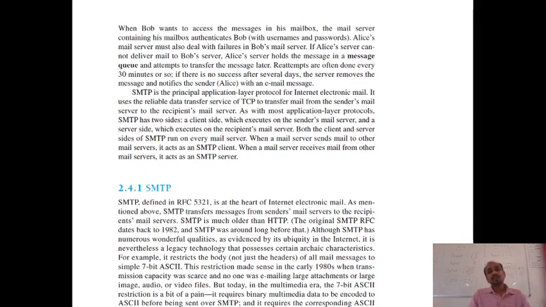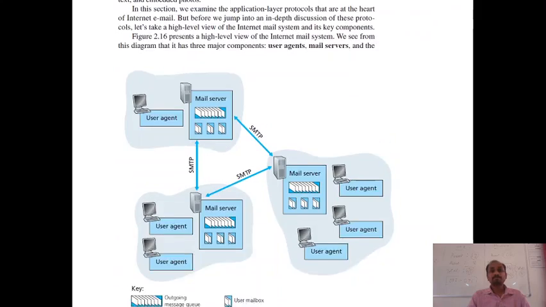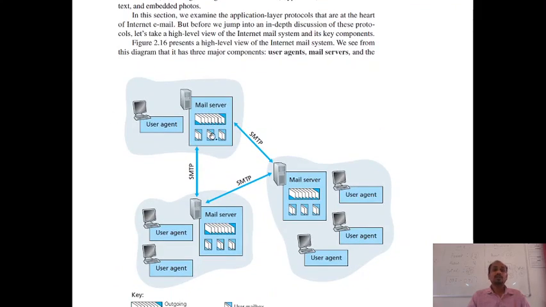Now SMTP will act both as a client as well as a server. For example, when the message is coming from Alice's mail server to Bob's mail server, Alice's mail server will be the client and Bob's mail server will be the server.